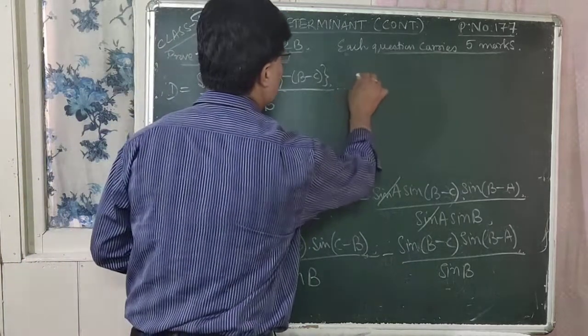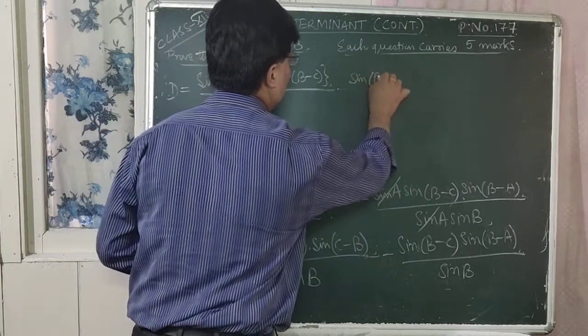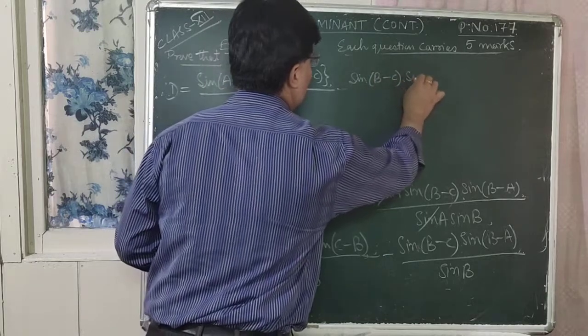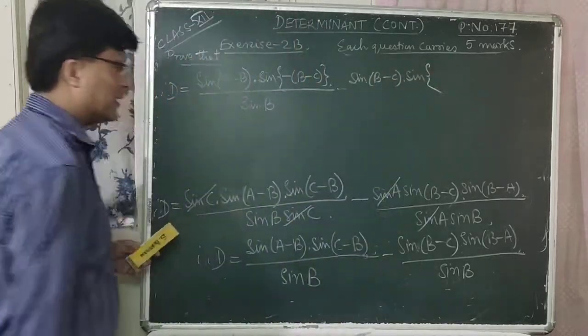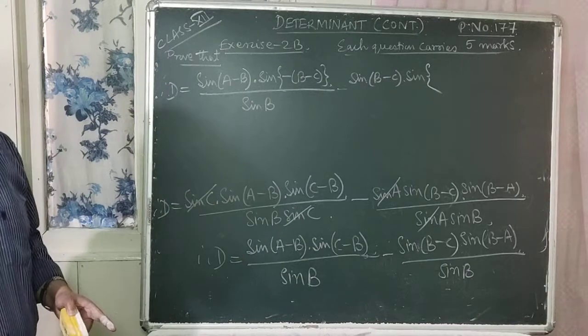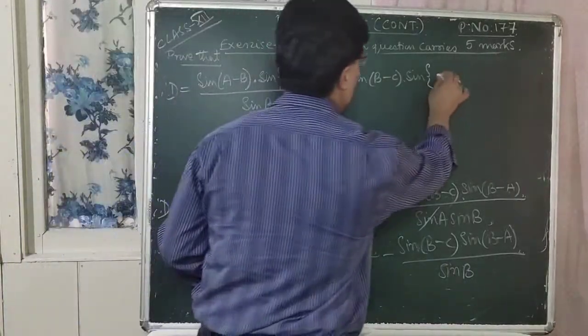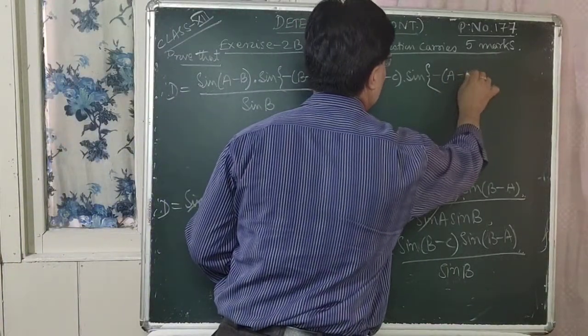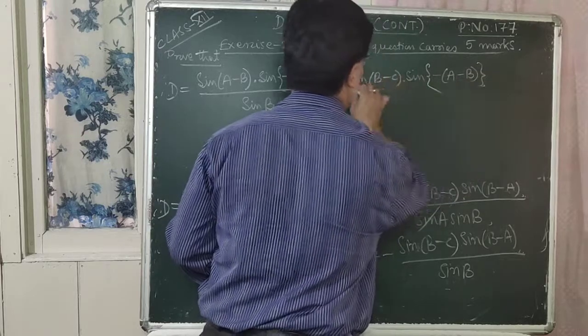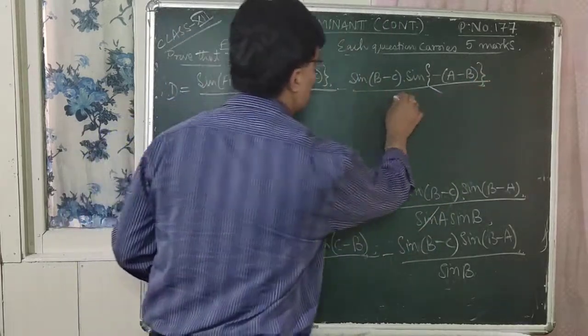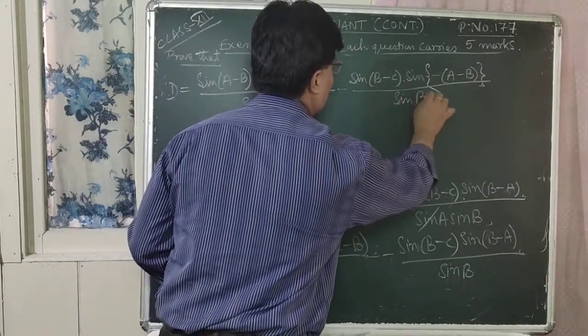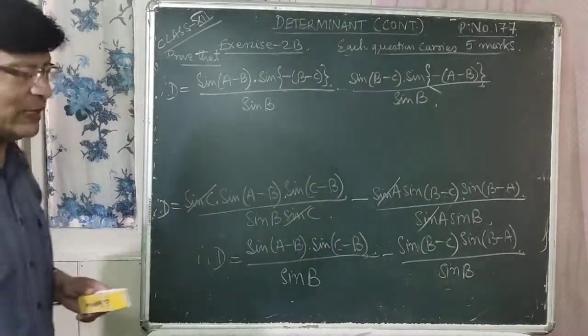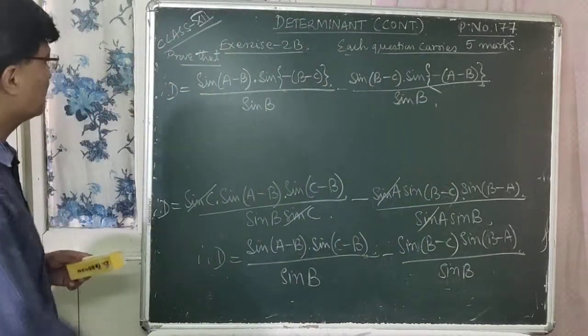So minus sine of B minus C into sine of, within second bracket, again from there B minus A you can take minus common. So minus within bracket A minus B whole divided by, in the denominator you should write, what is there? It is sine B. Is that clear?